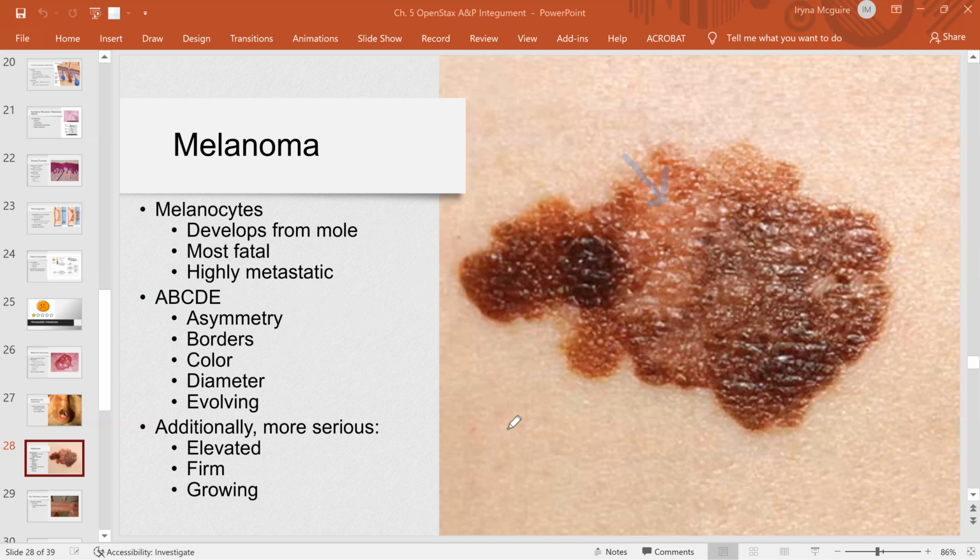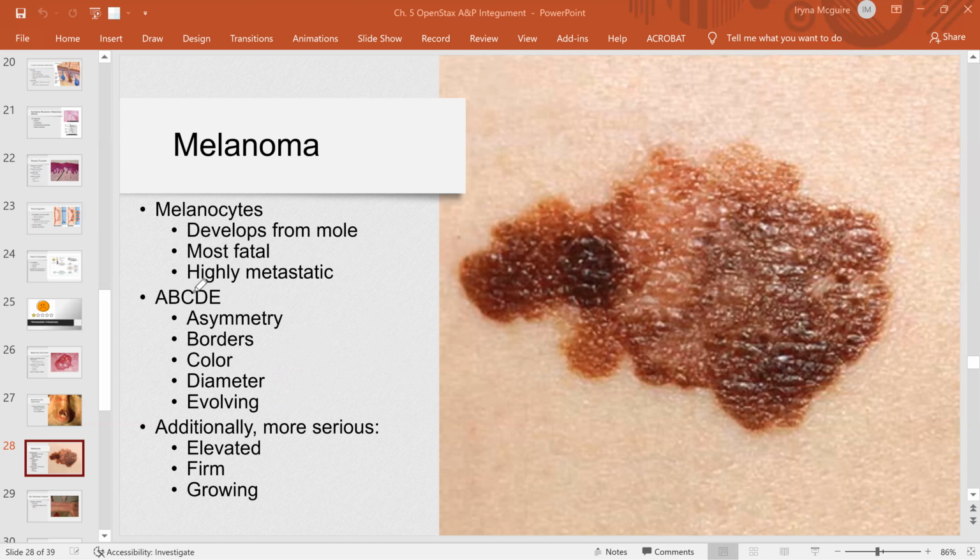There is no symmetry, so it's not a nice round mole. The borders might be elevated. Its diameter is also larger than the eraser on a pen, and it's evolving, which means it changes.